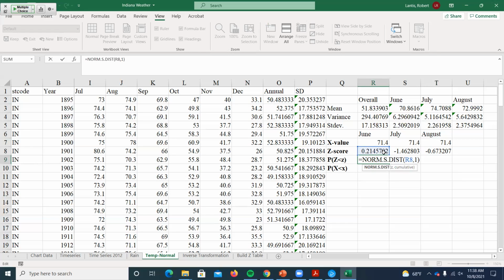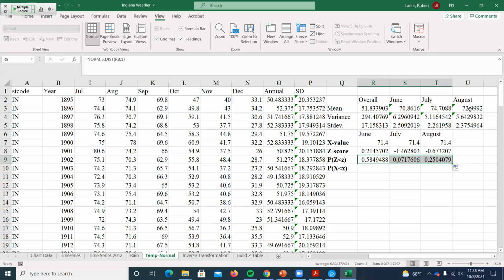All right, so we're just using that, norm.s tells Excel to use a standard normal distribution. Then you just tell it your z-score, and then comma 1 to give you the area to the left of that z-score. And I could copy this over, right? You can think about the probability that the average temperature in July is 71.4 becomes less likely because now the average temperature in July is a little bit higher, so seeing 71.4 isn't near as likely.